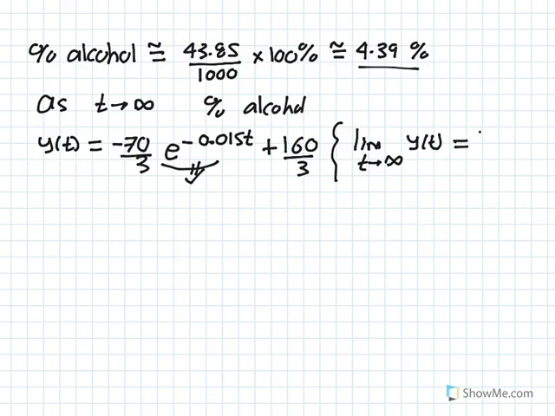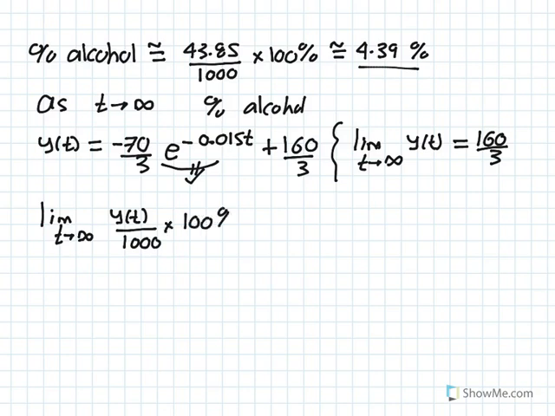So that's simply going to give us 160 divided by 3. To find the limiting concentration of alcohol in the tank after a very long time, we take the limit as t goes to infinity of y of t divided by 1,000 multiplied by 100%.